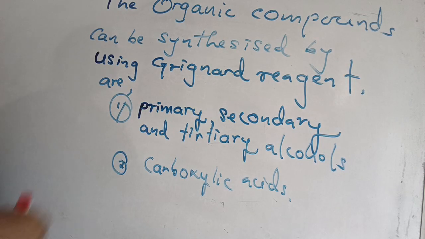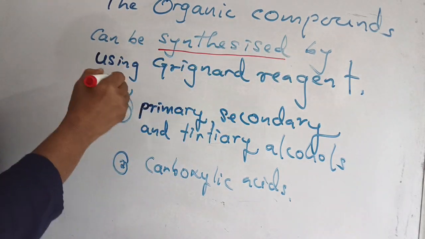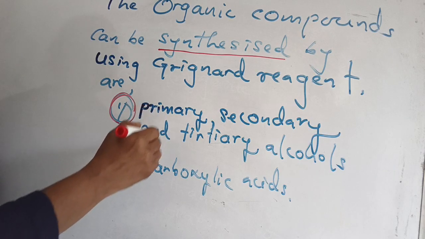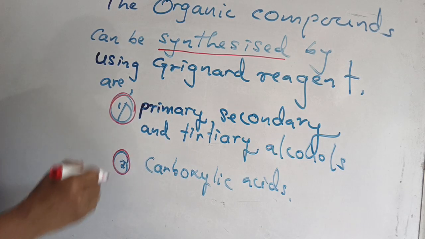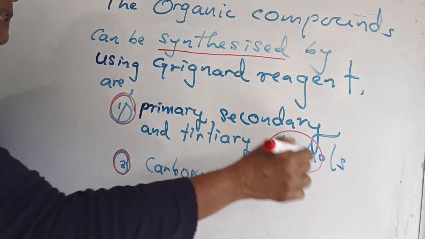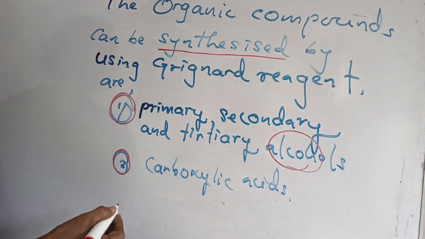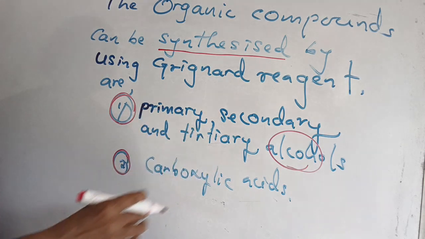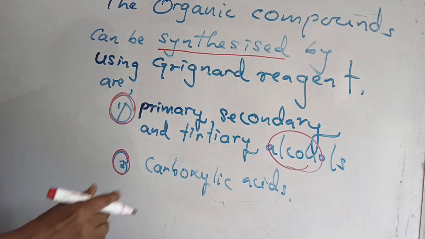The organic compounds that can be synthesized by using Grignard reagents are basically primary, secondary and tertiary alcohols and carboxylic acids. In case an alkene needs to be synthesized, we should obtain the alcohol first and then remove a water molecule with a dehydrating agent, and then we can obtain the corresponding alkene.